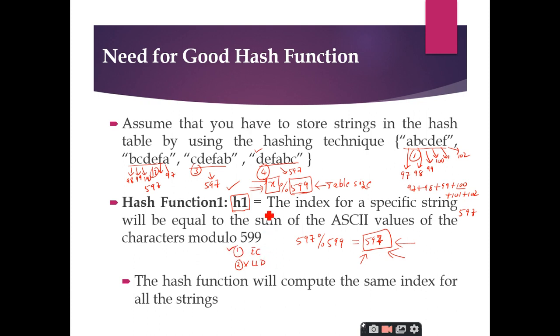It is being satisfied by this H1 function, but uniform distribution is not happening, and it should have fewer collisions. If you keep on changing the characters, you will get a lot of collisions. So the second and third properties are not being satisfied by the hash function H1. Is it clear?